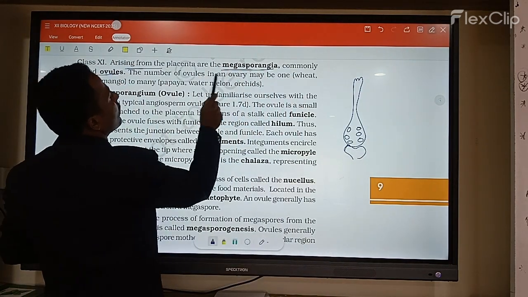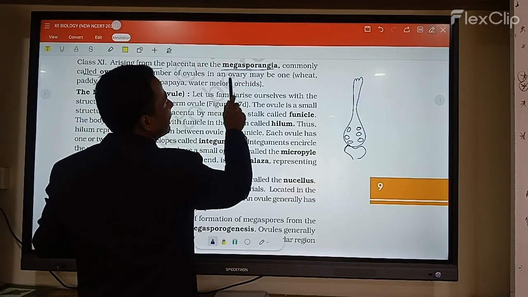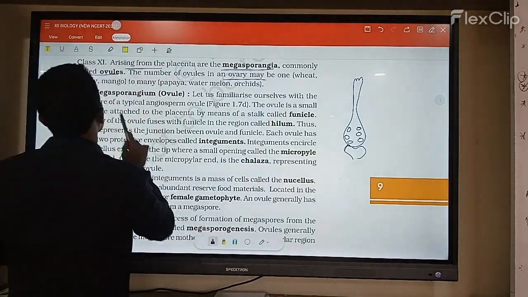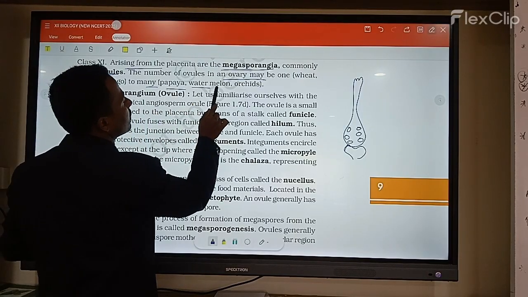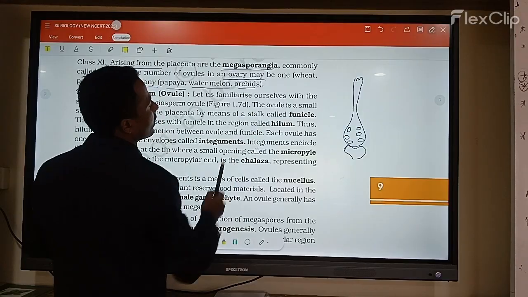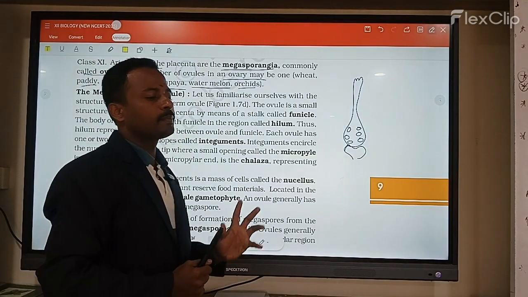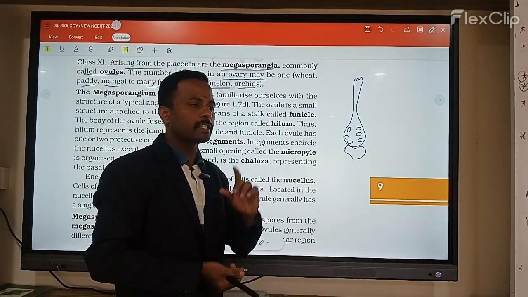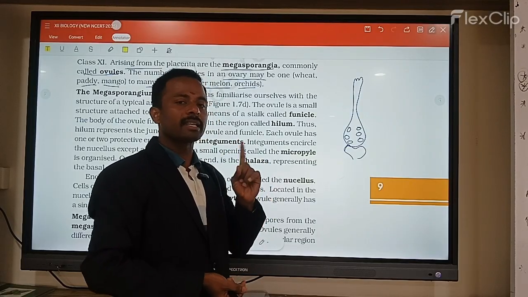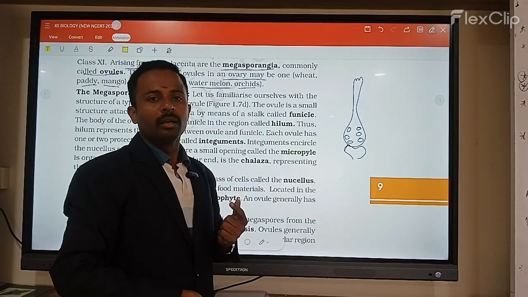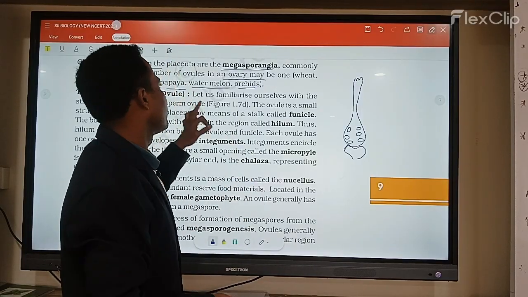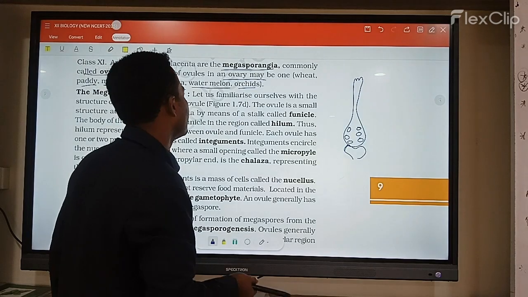The number of ovules in an ovary may be one, as in paddy, wheat and mango, or many, as in papaya, watermelon and orchid seeds. Different species contain different numbers of ovules. For example, wheat and rice have only one single ovule, but watermelon and papaya contain many ovules.